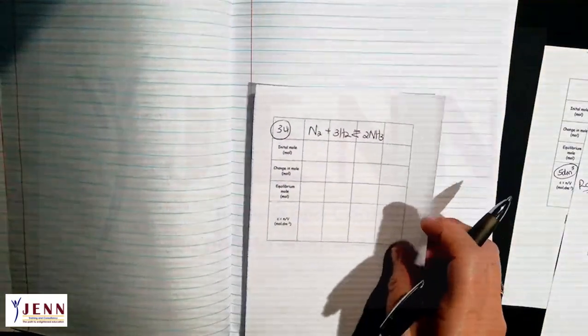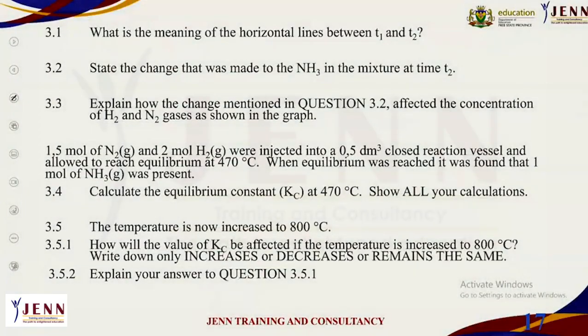Now they say 1,5 moles of N2 and 2 moles of H2 were injected in a 0,5. Okay, you were lucky, they already converted it. And please remember, if you must convert from cubic centimeters to cubic decimeters, you divide by 1,000.